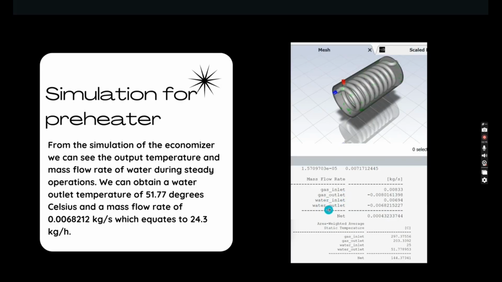For the water inlet and water outlet, they are basically the same, quite constant, at about 0.00694 kilogram per second, that is about 25 kilogram per hour. For the temperature, the water inlet is 25 degrees Celsius, but as it goes out from the preheater, it reaches a temperature of about 51 degrees Celsius.